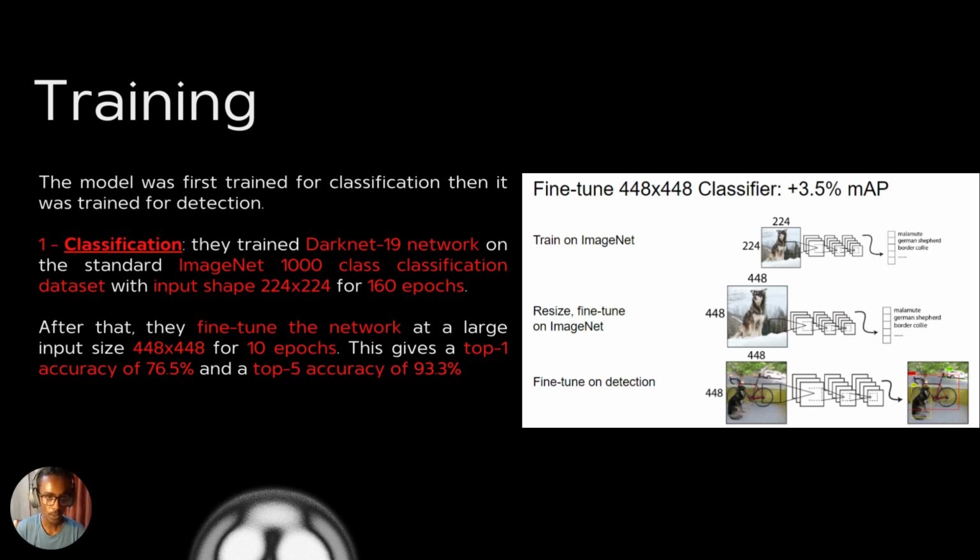After that, they fine-tuned the network at a larger input size of 448, for only 10 epochs. And this gives a classification accuracy of 76.5% and a top 5 accuracy of 93.3%.